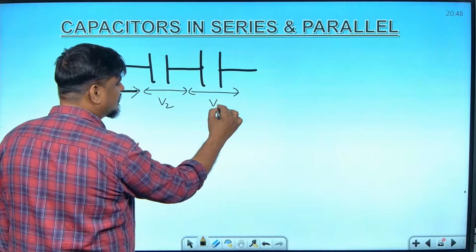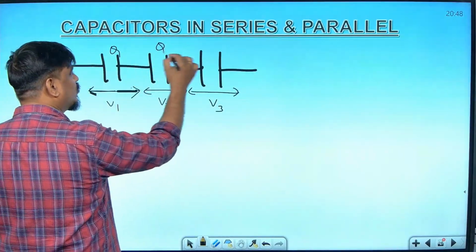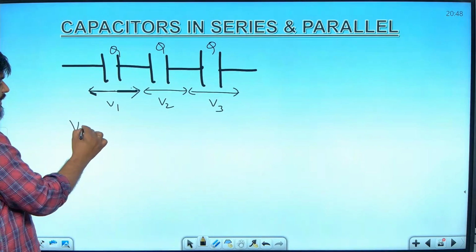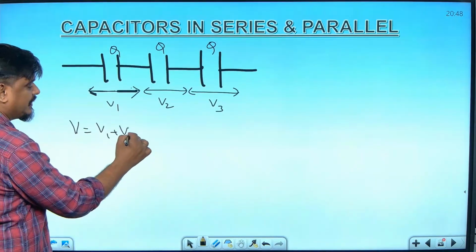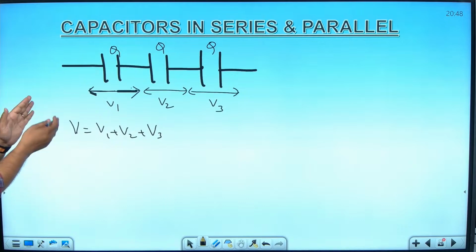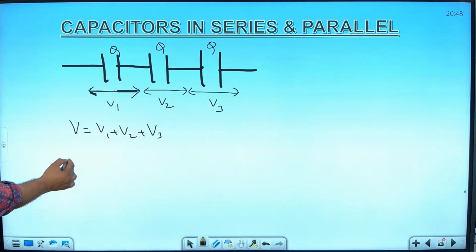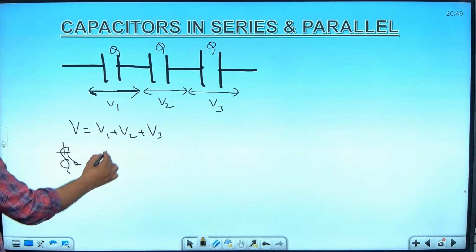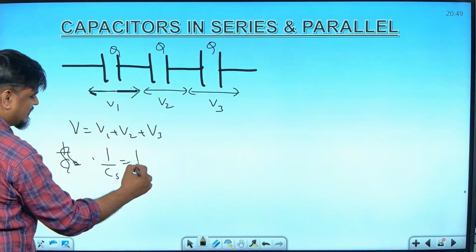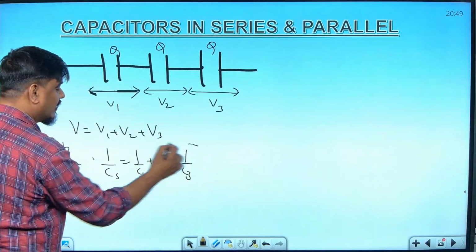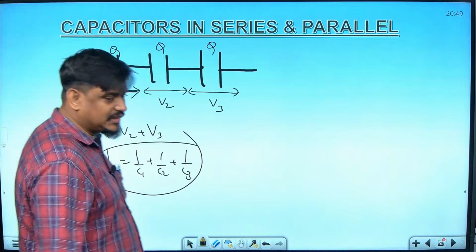Charge remains same. So, if you do net V, it will become equal to V1 plus V2 plus V3, and V is equal to Q by C. So you will write Q by C is equal to Q by C1 plus Q by C2 plus Q by C3, and finally you will get 1 by C is equal to 1 by C1 plus 1 by C2 plus 1 by C3 and so on. This is for series connection.